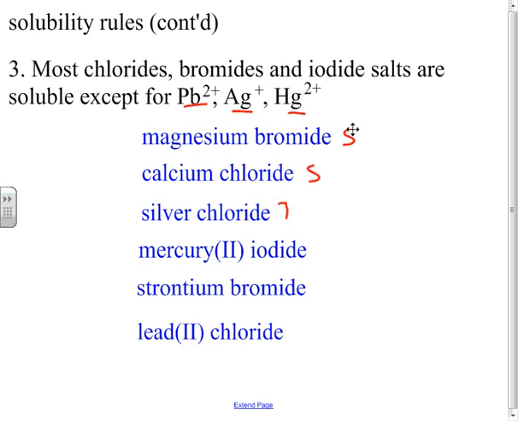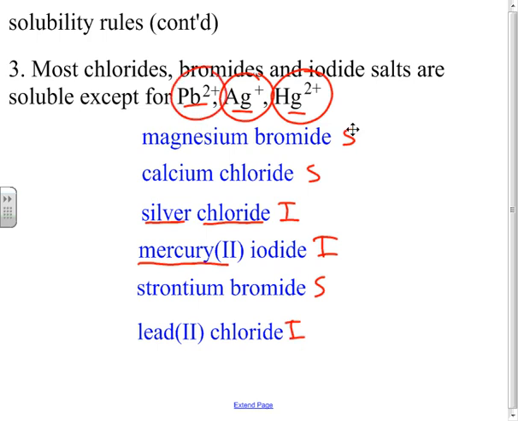Silver chloride, though, is insoluble because it is a chloride with silver, and silver is one of those insoluble halide salts. Mercury 2 iodide is insoluble because it contains the mercury 2 ion. Strontium bromide is soluble, and lead 2 chloride is going to be insoluble because lead iodides, bromides, and chlorides are insoluble.